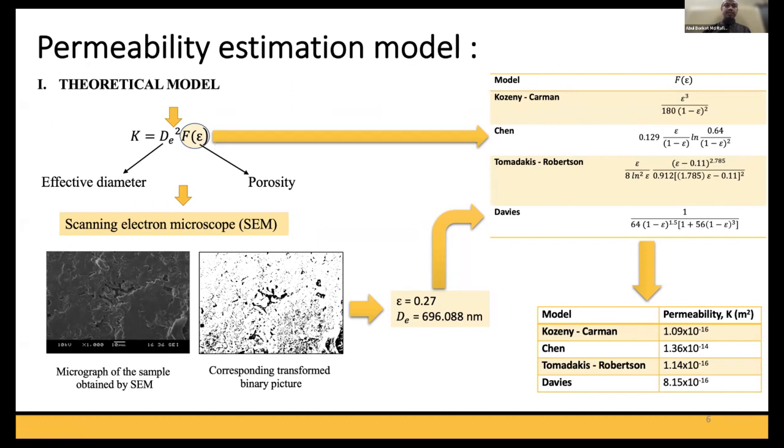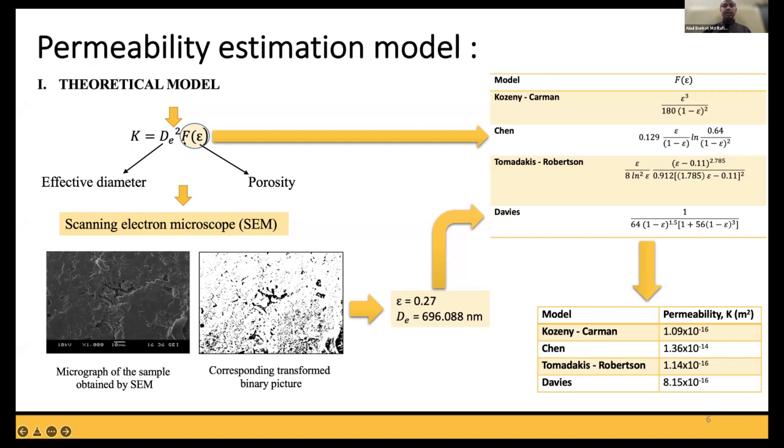For determining the effective diameter, we made a scanning electron micrograph, transformed it to a binary picture, and by analyzing the picture we could get the effective diameter, the pores, and the porosity of this material, which we can see in the slide.